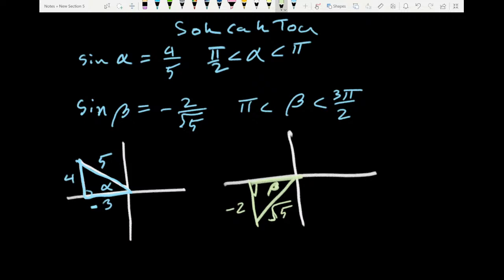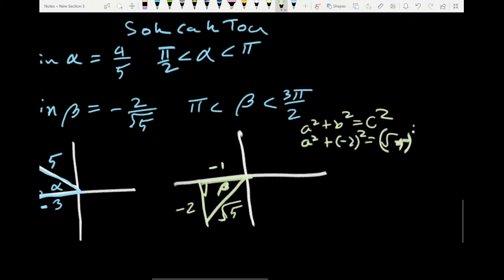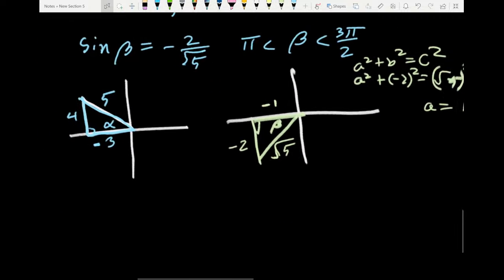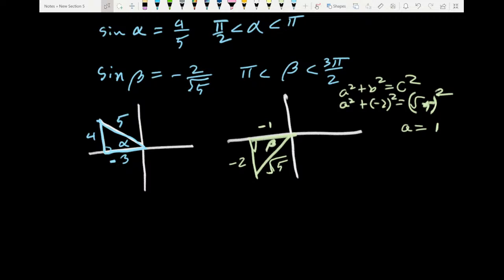So this side is going to be negative 1 because when we use a squared plus b squared equals c squared, in this case a squared plus negative 2 squared equals square root of 5 squared, then a is 1. But because this is on the left side, it's going to be negative. So we found angle A and angle B, all our desired triangles.